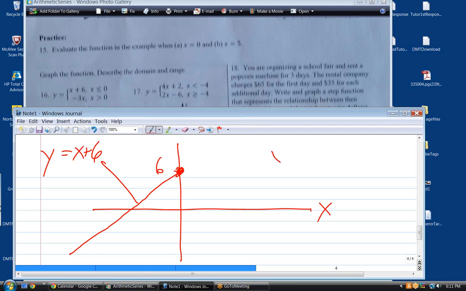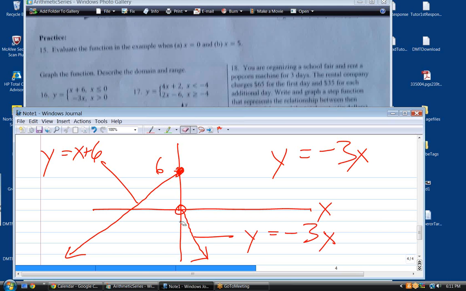Well, if I plot y equals minus 3x, that goes through this point here, with a steep negative slope, negative 3, like that. It goes forever in both directions, and this one is y equal minus 3x, and it's an open circle right there. You can never have two closed dots in the same spot on the y-axis, because it would flunk the vertical line test.